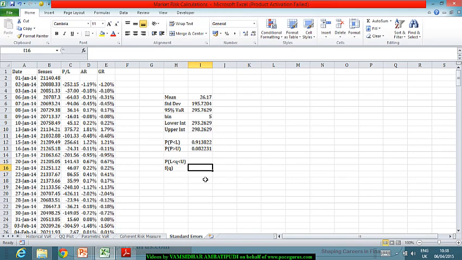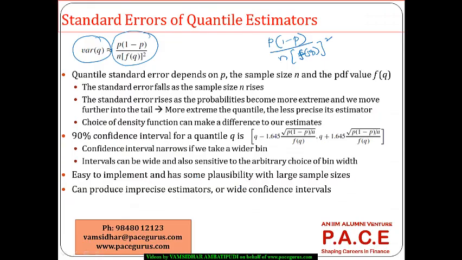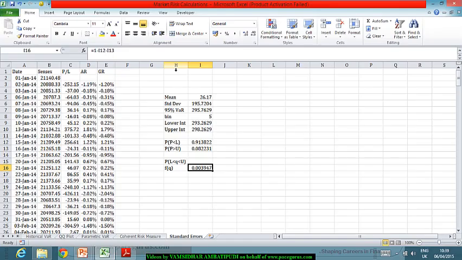Which comes out as the difference between these, which is around 0.003. So in this case, my f of q comes out to be 0.003, right? So this is working out to f of q.